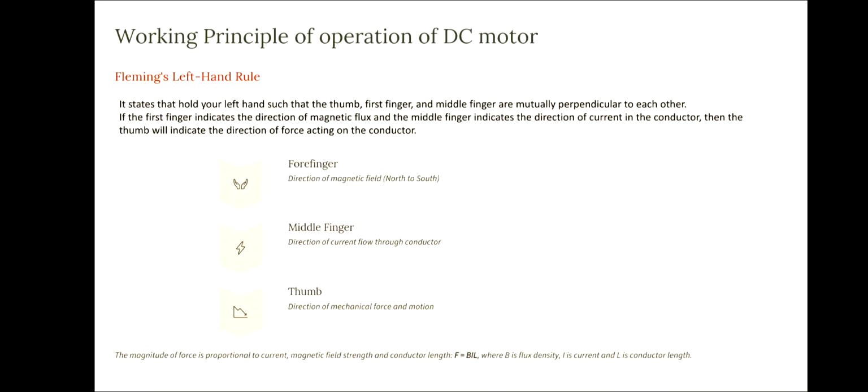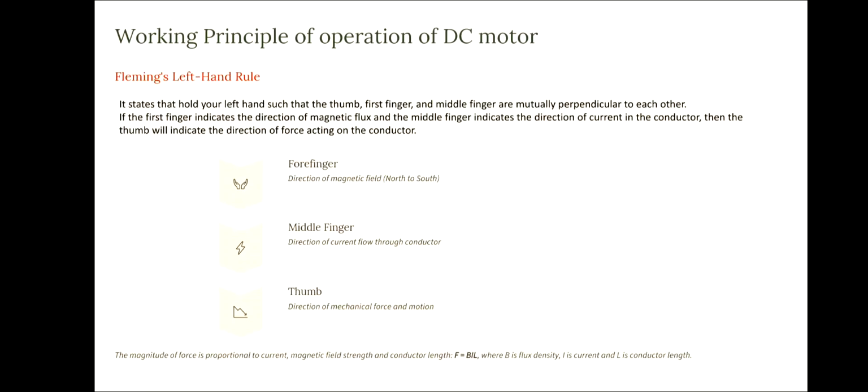Fleming's left hand rule states that when you hold your left hand such that the thumb, forefinger, and middle finger are mutually perpendicular to each other, then if the forefinger indicates the direction of magnetic flux and the middle finger indicates the direction of current, then the thumb will indicate the direction of force acting on the conductor.